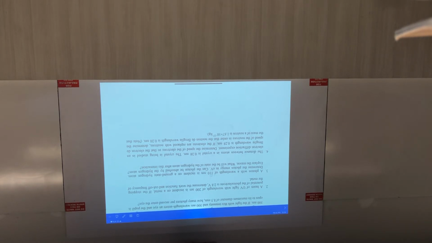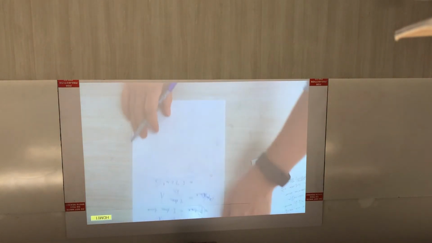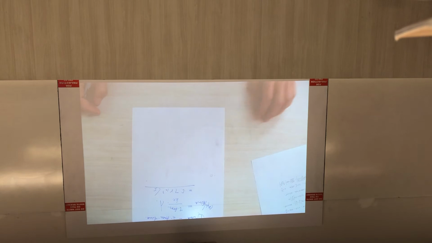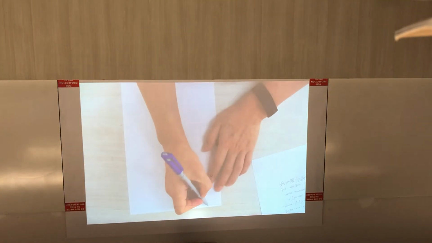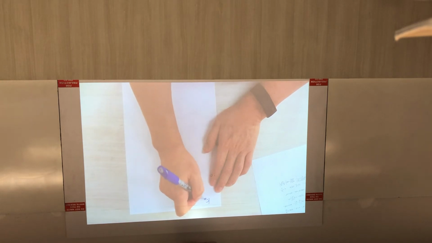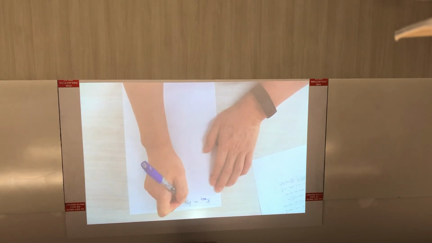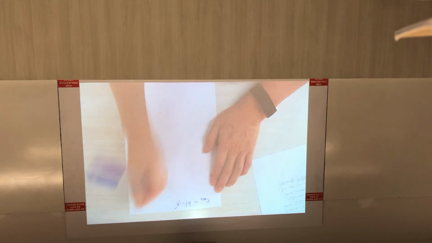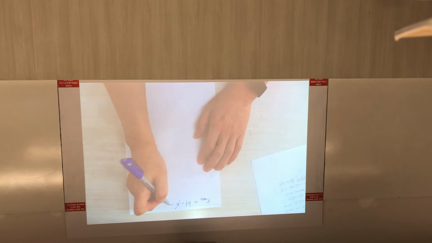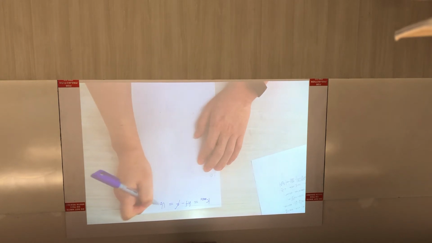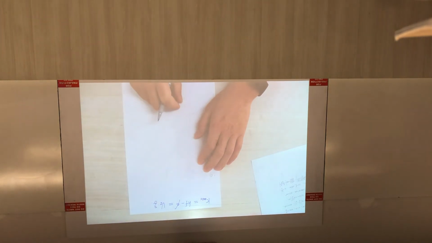When we consider the photoelectric effect, we will always start with this master equation. K max equals h f minus phi, which is our work function, equals the stopping potential times the charge.